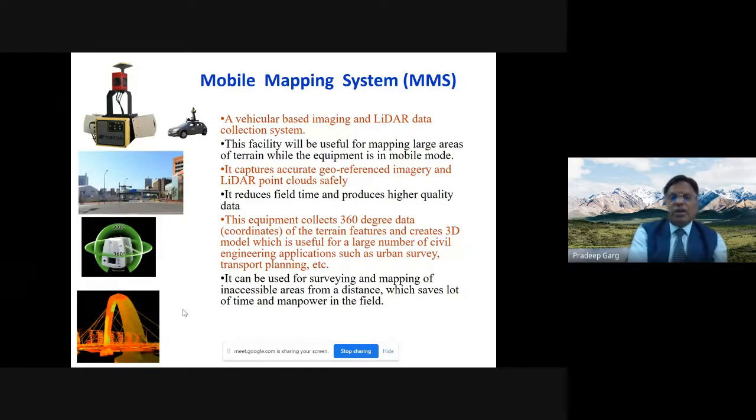The biggest advantage of this is that you can move in the crowd. You are not waiting for the crowd to disappear. You can move your vehicle in the crowd and still collect the data. Earlier, you were working with these instruments only when there was no crowd, when there was no obstruction in the line of sight along which you were collecting the data.